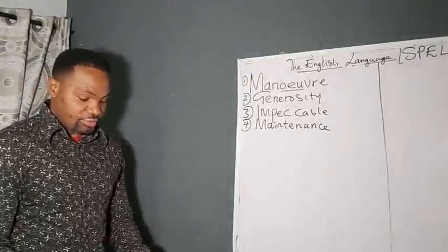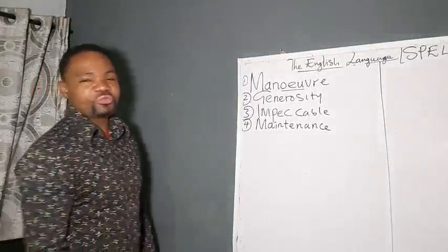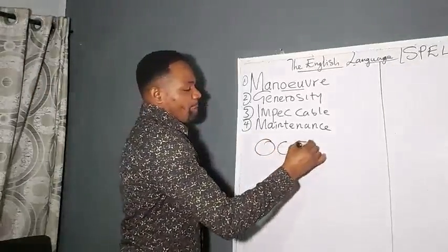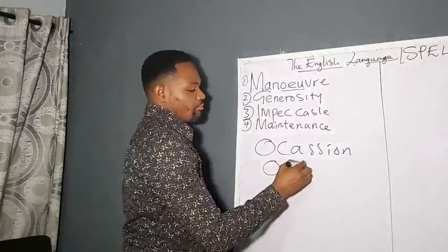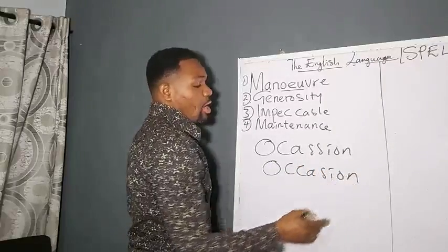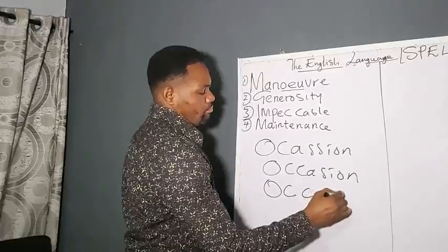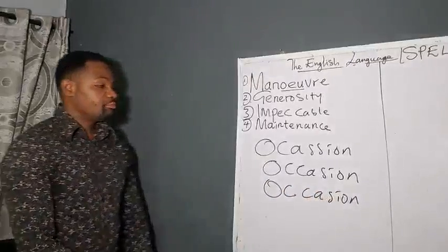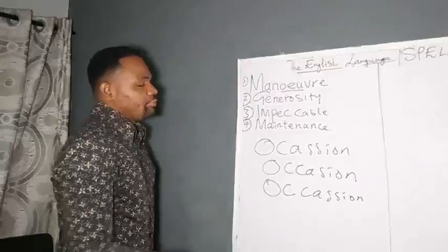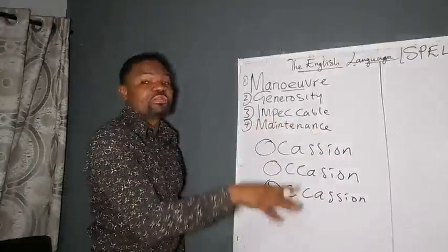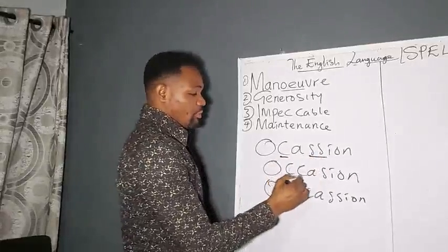So the next one is occasion. How do you spell occasion? Do you spell this way? Or do you spell this way? Interesting. It could be quite confusing because this is a word most exam takers could be quite confused about at times. Is it going to be one C double S? Is it going to be double C one S?